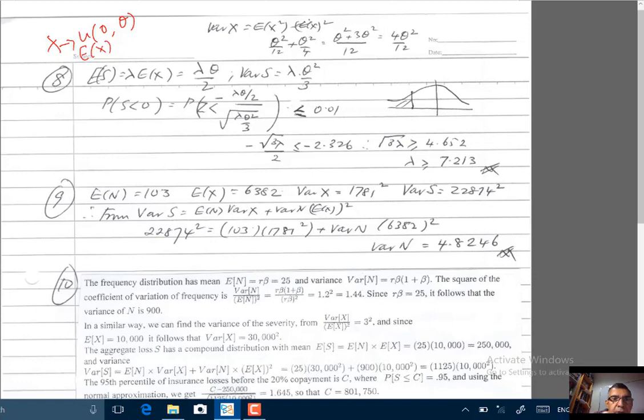Let's write down the expected value of X is theta over 2, and the variance of X is theta squared over 12. You're asked to find the minimum value of lambda for which the probability S less than 0 is at most 0.01.